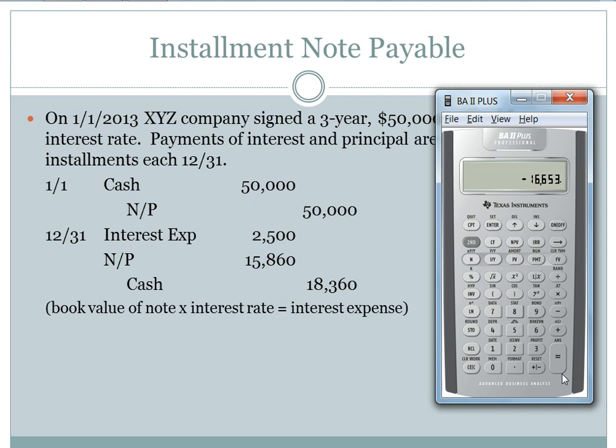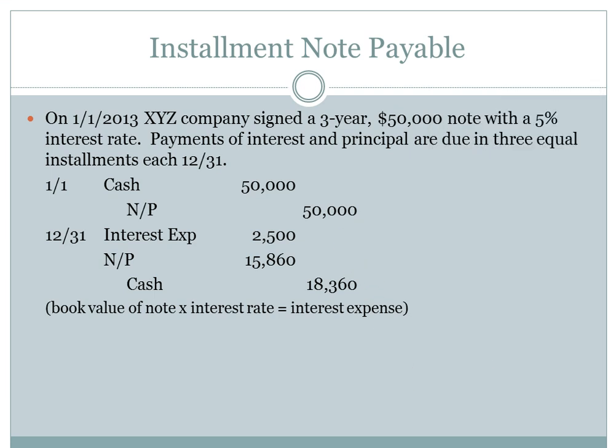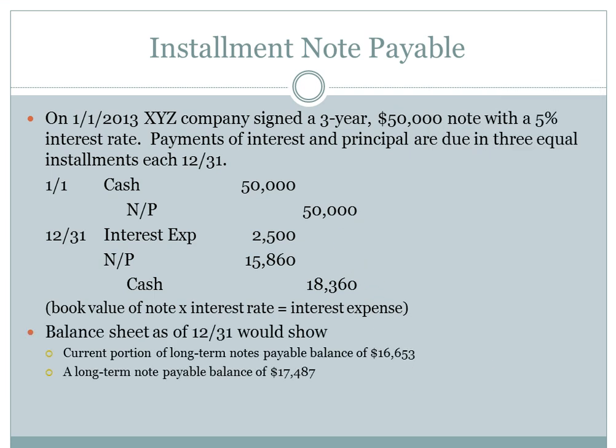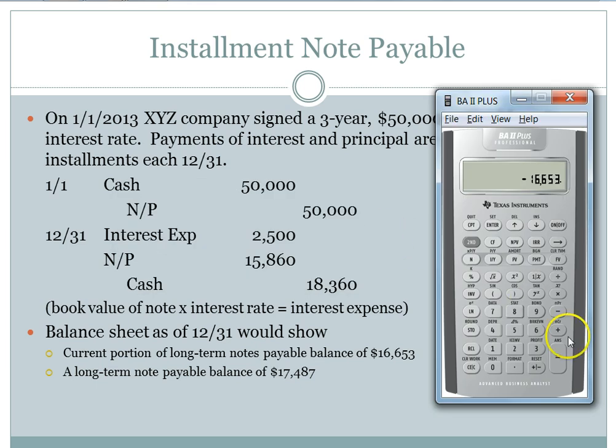I'm not changing the balance of the note payable. I'm just trying to split up how much of it's going to be paid within a year and how much of it is going to be paid more than 1 year from now. And so my balance sheet is going to show the current portion of a long-term note payable of $16,653, and then what's left over is going to be $17,487.